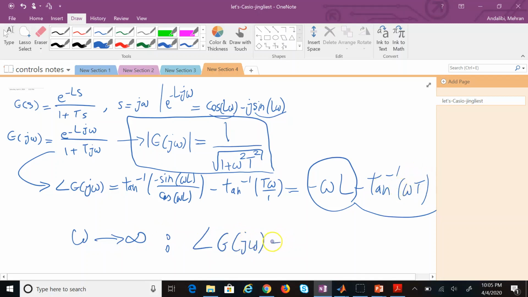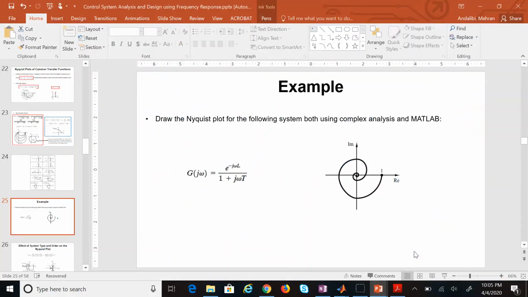This term goes to negative 90 degrees, but what about this one? This term goes to negative infinity, while the first term goes to minus 90 degrees. So it goes to negative infinity. The angle just keeps increasing, although the magnitude is shrinking. And so when you combine them, you see this spiral, right?